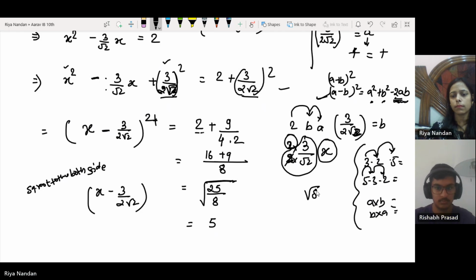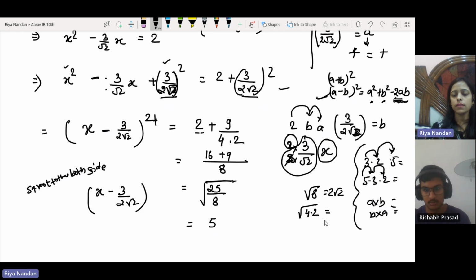Clear? We can write 8 as 4 into 2, and root 4 is 2.